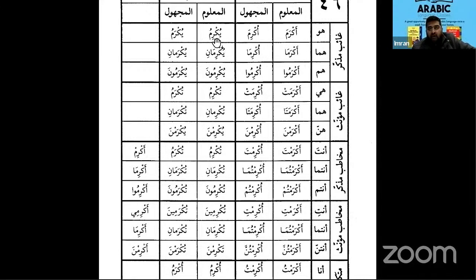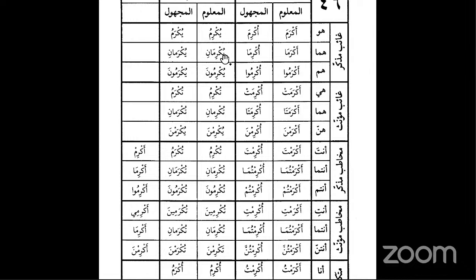If you look at yukrimu, there are only kaf, ra, mim, 3 letters. How are you able to distinguish between this verb and the previous verbs like kataba yaktubu, daraba yadribu? How would you know from this yukrimu, just looking at it, that this is a 4-letter verb, not a 3-letter verb?